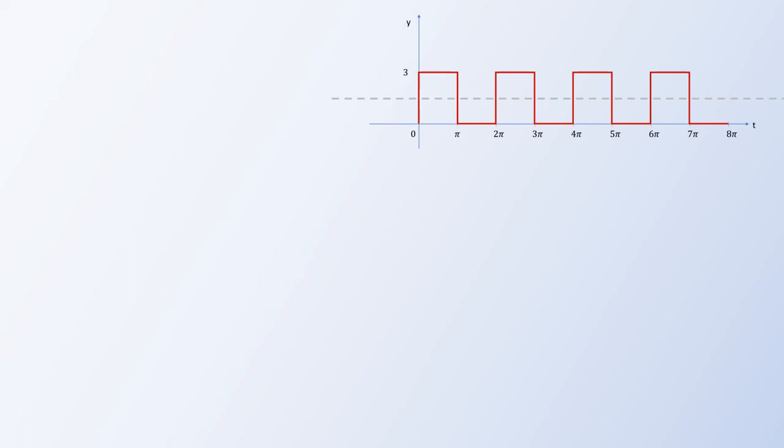So now we have everything we need to know to figure out the function f of t for this waveform, this square wave that we've been looking at all this time.